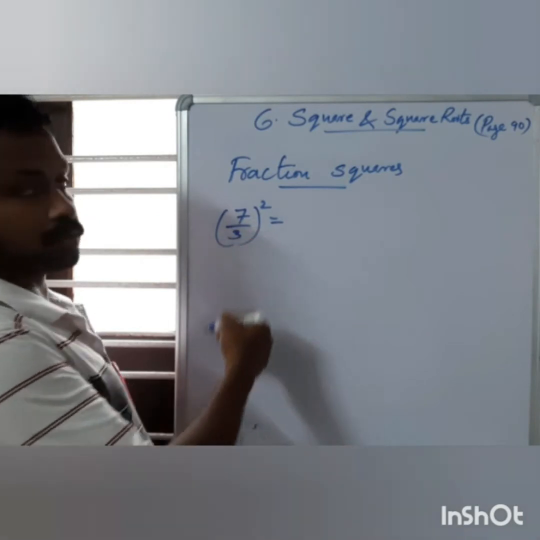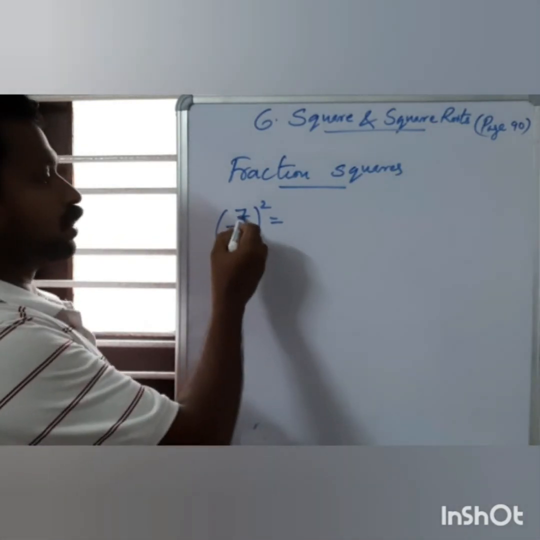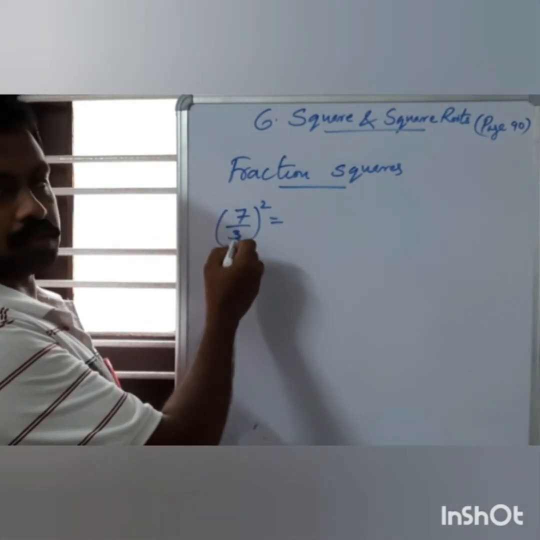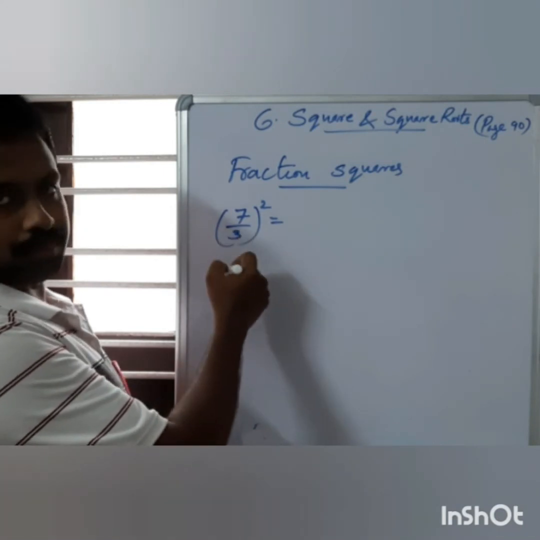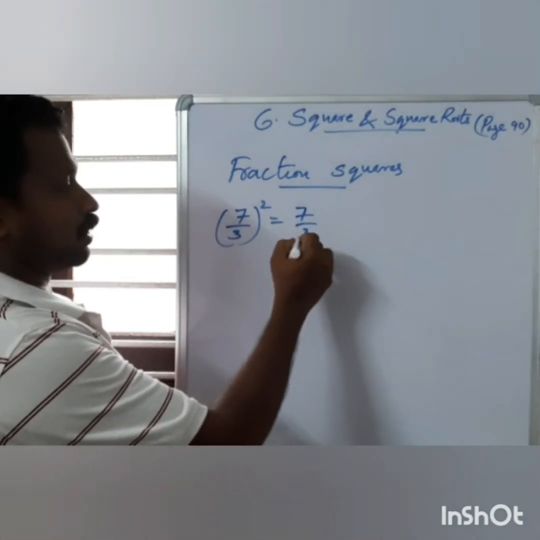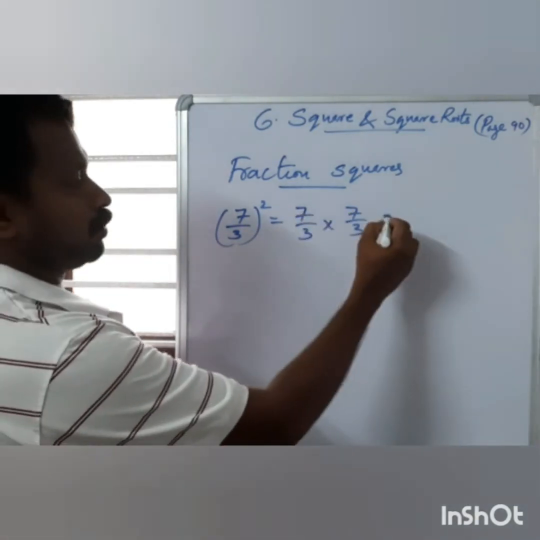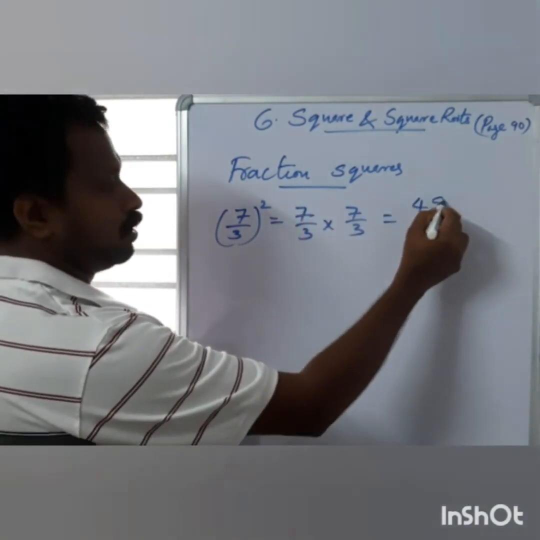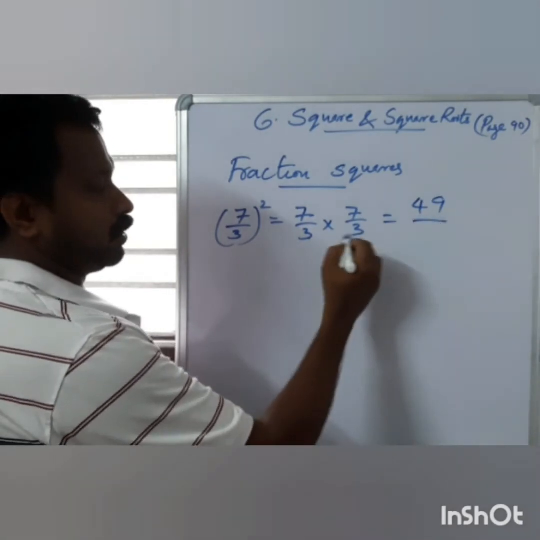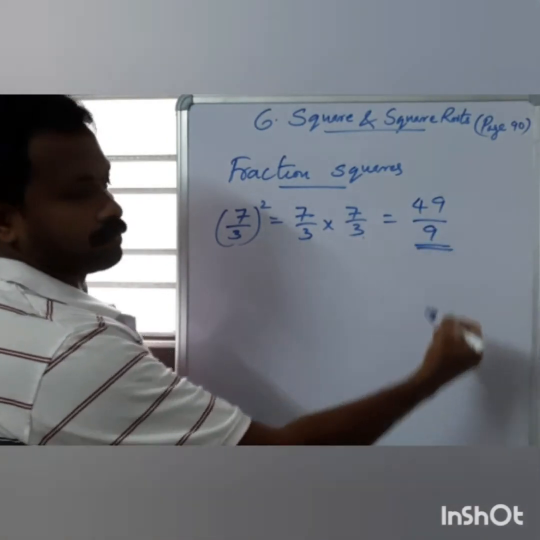How will you find out the square? Find out the square of the numerator and the square of the denominator, both separately. So 7 by 3 into 7 by 3. The numerator is multiplied, 7 into 7, 49. The denominator is multiplied, 3 into 3, 9.